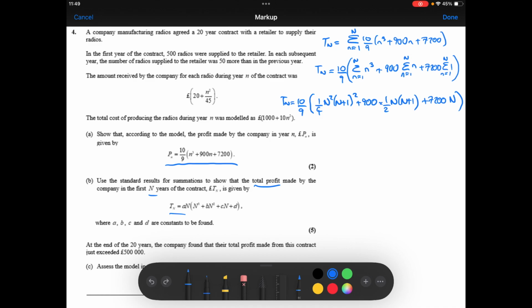Right. Trying to simplify this a little bit then. Well, I can do a couple of things here. I'm going to factorise out 1/4, and I'm going to factorise out an n, because there's 1/4 in each of these, and there is also an n in each of these. So from the first term, there will still be an n, there will still be an (n plus 1) squared. This times this is this.